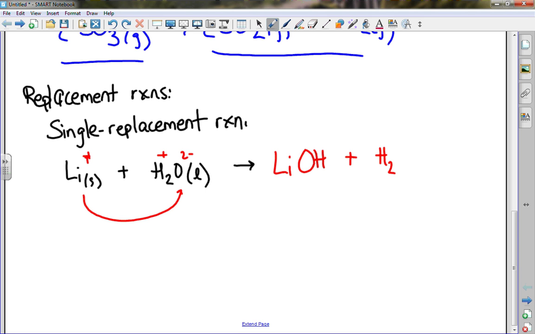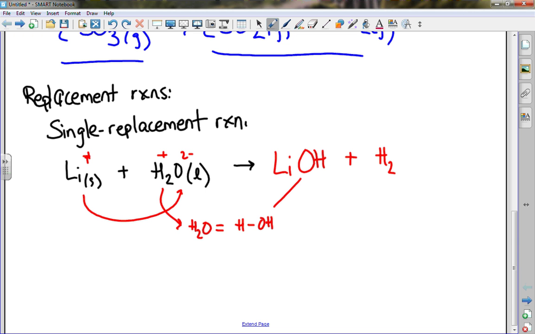And the way this worked out is because really what water boils down to, just as a sidebar here, is a hydrogen ion paired with a hydroxide ion. And so that's why you can see that this hydroxide got paired up with the lithium.